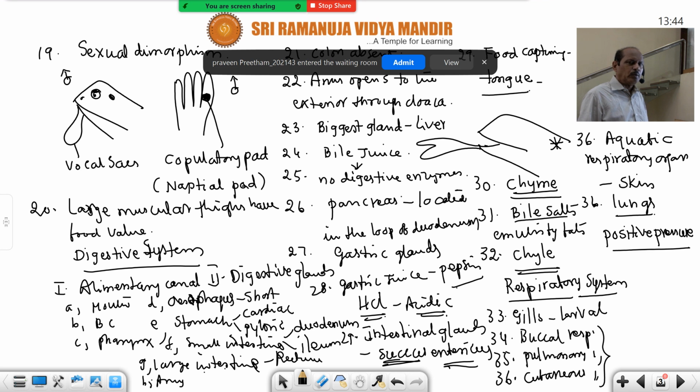Intrapulmonary pressure is very low during inspiration. So negative pulmonary pressure causes inspiration and positive pulmonary pressure causes expiration in humans. But in frog, positive pressure of the lung causes inspiration and negative pressure causes expiration. Reverse. So note down this point. 36th point is a very, very important point.